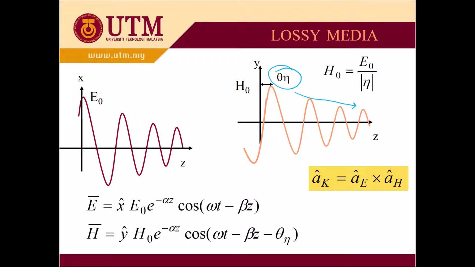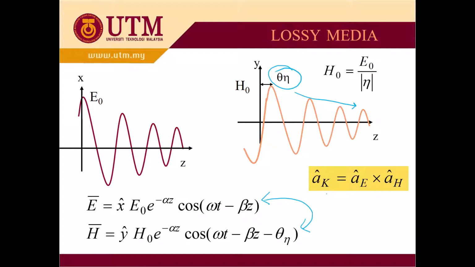Here is the amplitude. We can determine it using E naught divided by the magnitude of the intrinsic impedance. This is the general equation that you have to understand and remember. And this is how to determine the propagation direction.